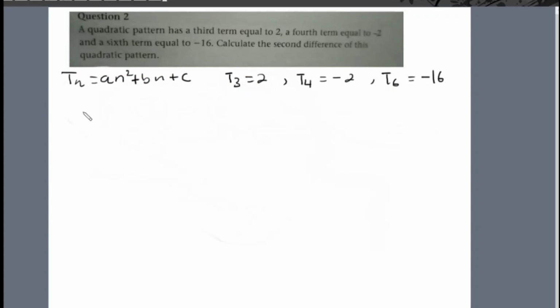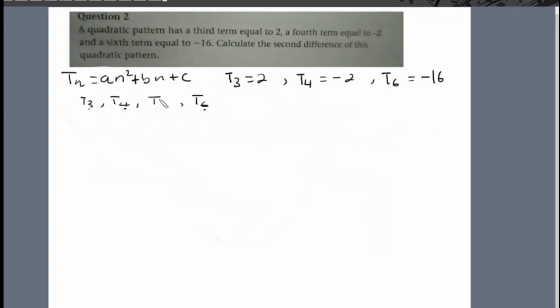So awuthi siwaliste ke lawo ma term, sino T3, T4, T5 and T6. So basinikele u-T3, basinikele u-T4, basinikele no T6. U-T5 asimazi, right?